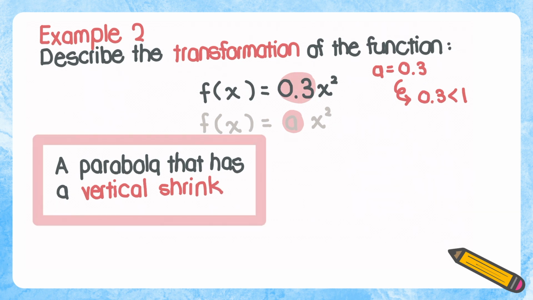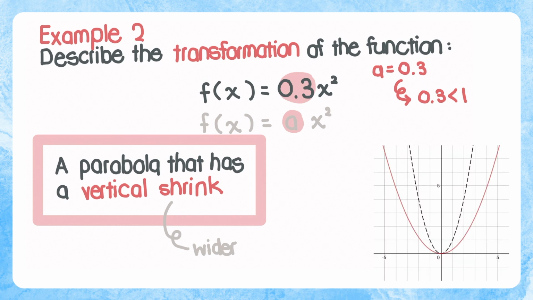So we have a parabola that has a vertical shrink, which means this graph is wider compared to the parent function, as we see here on Desmos. Again, the graph is wider than that of the parent function.